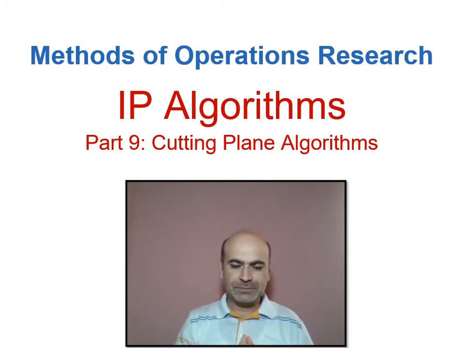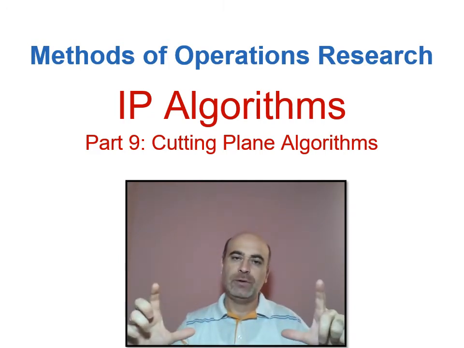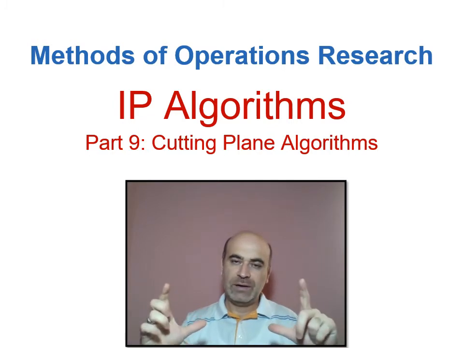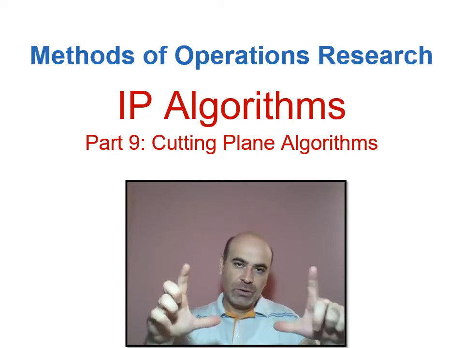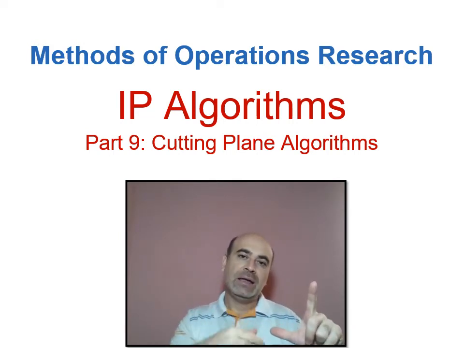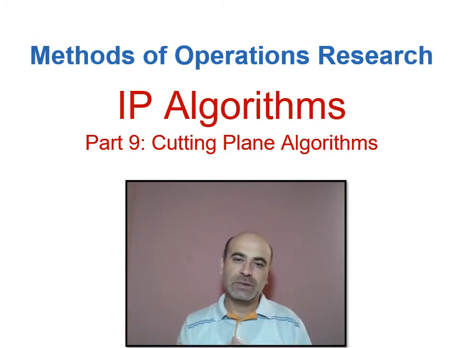But the thing is, we already solved that problem and we have this optimal tableau. Why shall we start from the beginning? Is there a way to start from that optimal solution and then find the new solution from there?